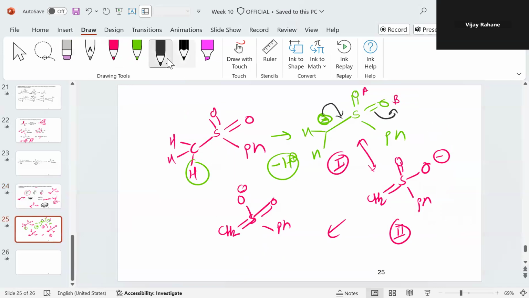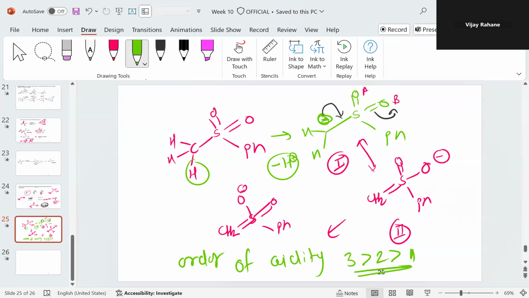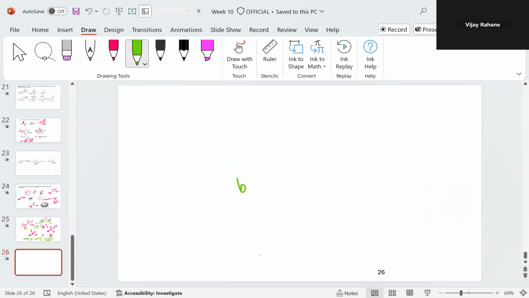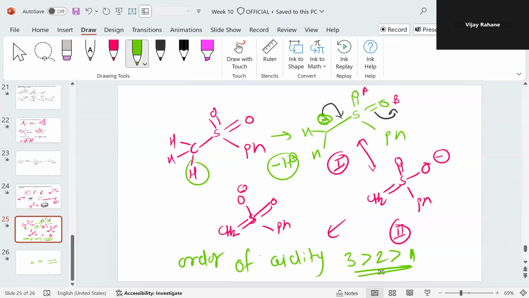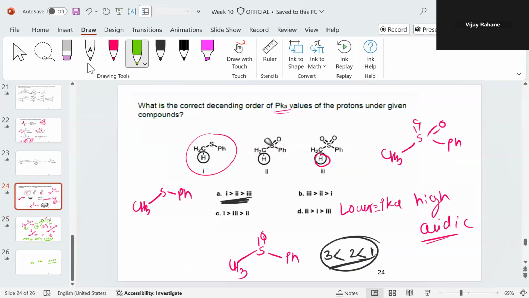On the next slide, I will draw the order of acidity. 3 is a stronger acid than 2, than 1, but the pKa order will be 1, 2, 3. So that was the concept behind this question. It might be slightly confusing because we may think the order as we got confused earlier. But yeah, option A is the correct option here.